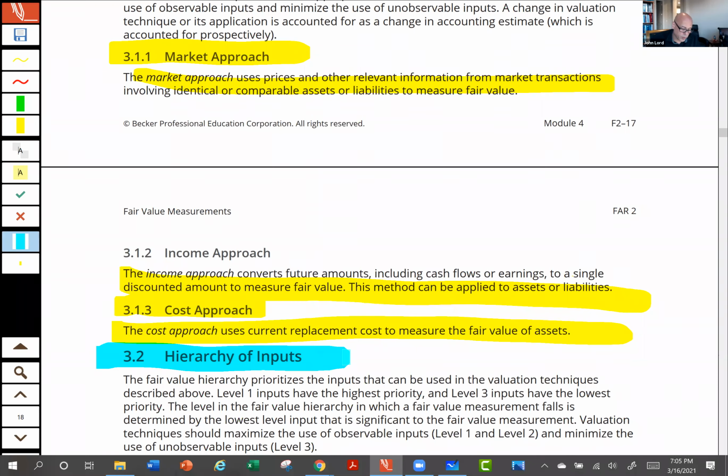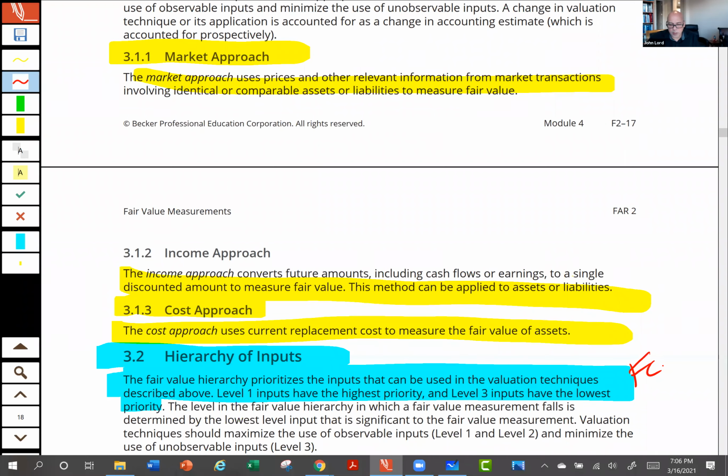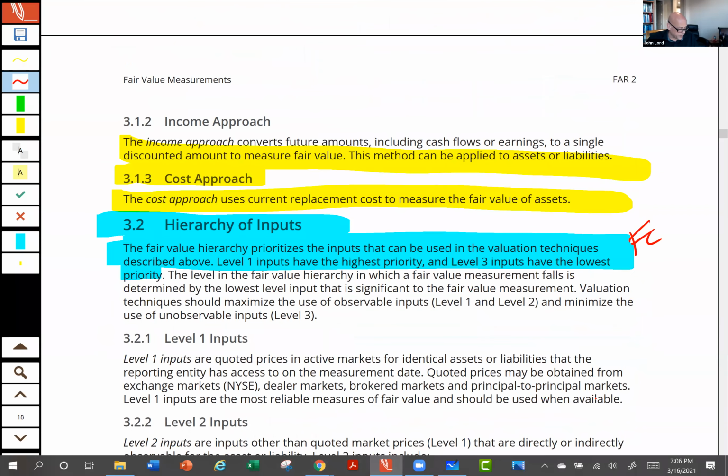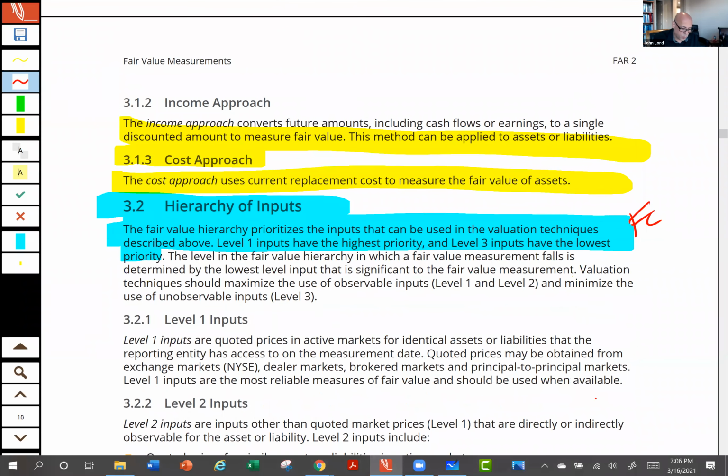Now you come over and we have inputs that we need to consider. Okay. And these inputs that we should consider are first level one. If we don't have level one inputs, we consider level two. If we don't have level two, we're stuck with level three. Okay, so you start with level one.